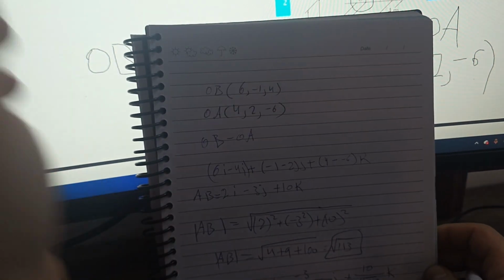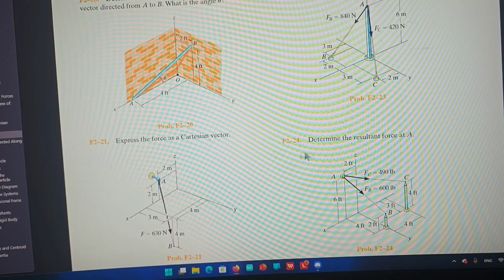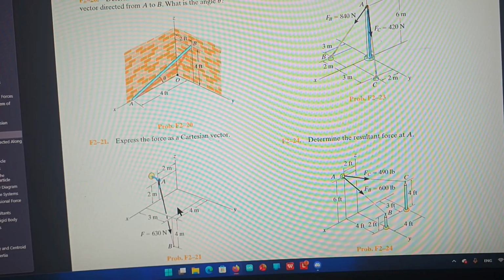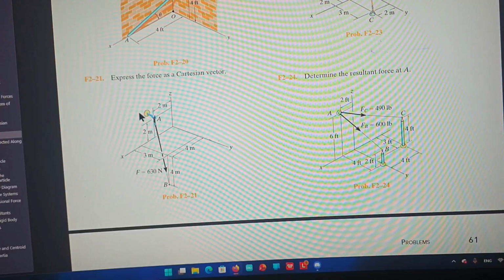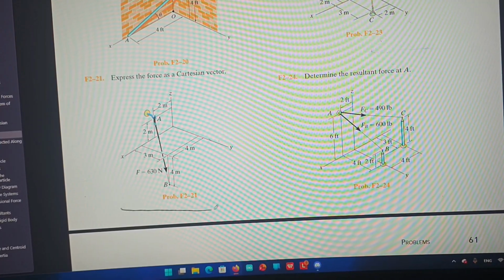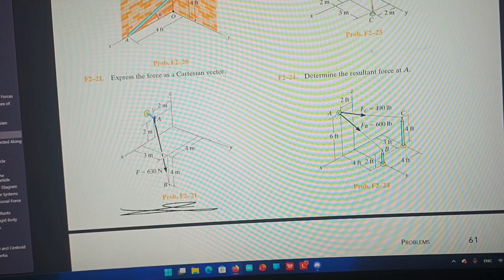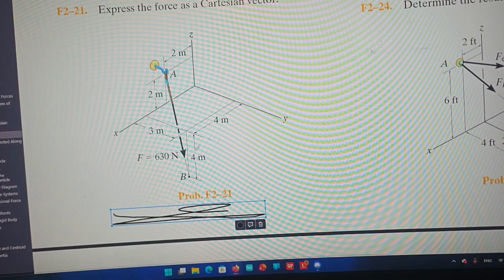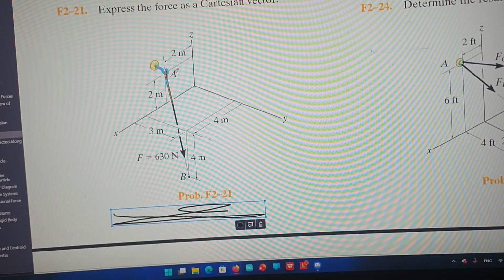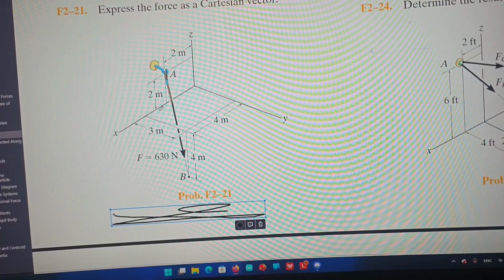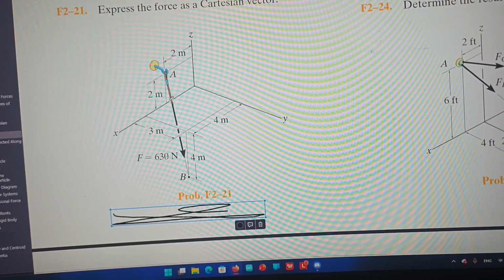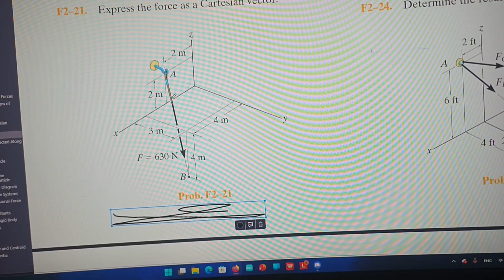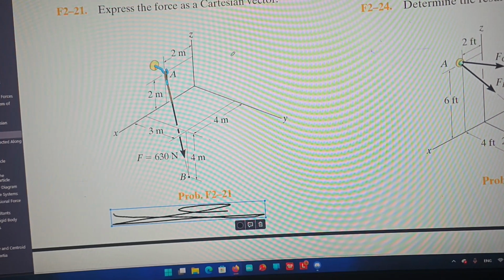Yeah. So let's solve this question here, which is F2-21, this one over here. Okay, let's do it. This says there's point A to point B. Point A here is at 2 meters upwards for z and 2 meters towards the x-axis.